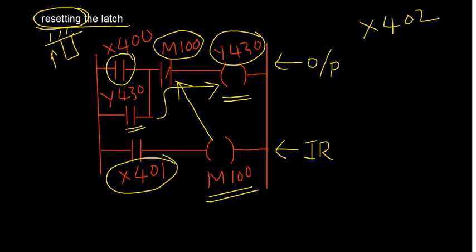Then if you want to open this, you activate this switch, and accordingly this normally closed contact gets opened, and the output gets deactivated.